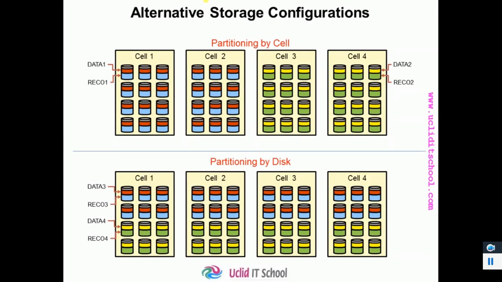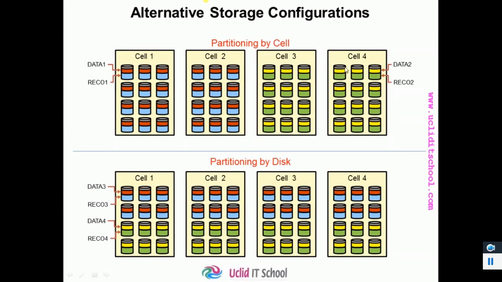But there are some alternate configurations available for storage servers, like the ones mentioned in this slide. The first one, partitioning by cell. In this case, suppose I have 4 cells, 4 storage servers. I am allocating the first 2 storage servers to one database, and creating 2 grid disks, data 1, reco 1.